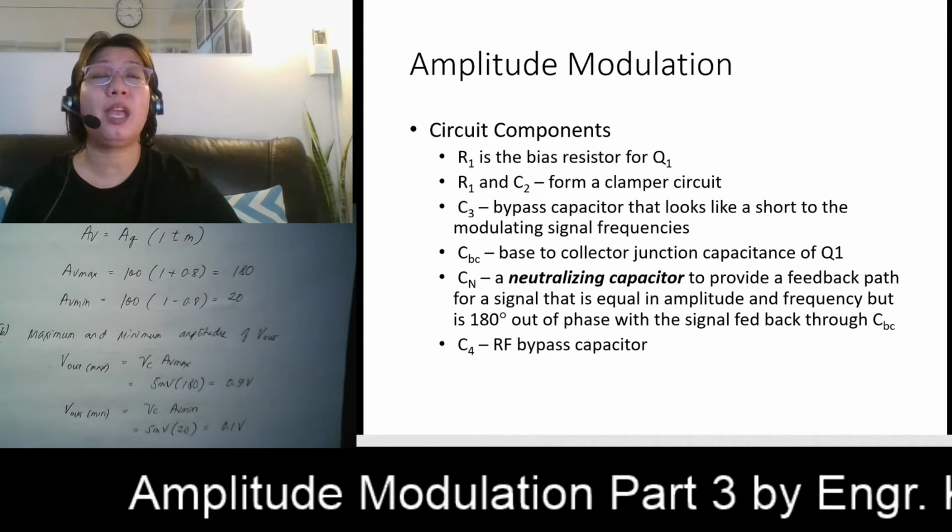So at the carrier frequency, C4 looks like a short circuit, preventing carrier from leaking into the power supply or the modulating signal circuitry and being distributed through the transmitter. So actually, these bypass capacitors have a purpose of separating the different signals, the different frequencies in your circuit.